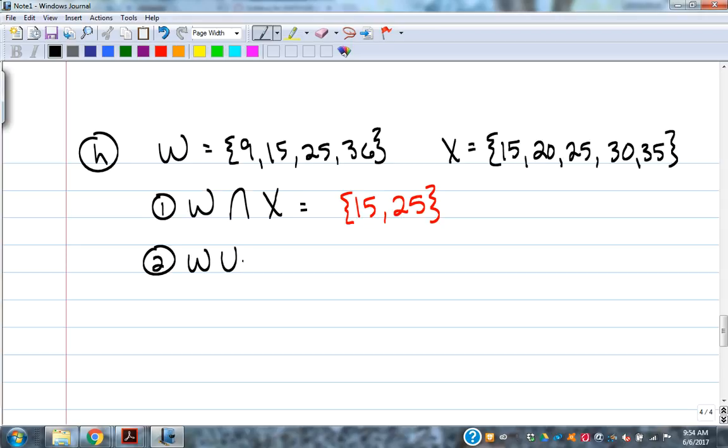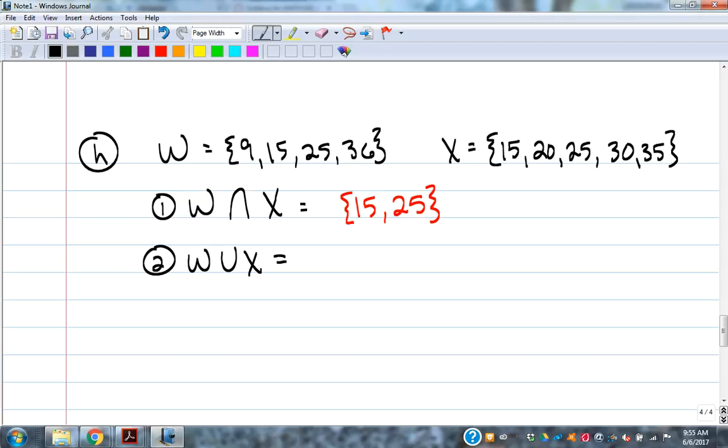Maybe the easier but longer question is the union of those two. And technically you don't have to put them in numerical order. I do because I just can't stand not to. But that's not a requirement. But most of the time you're going to see them that way.